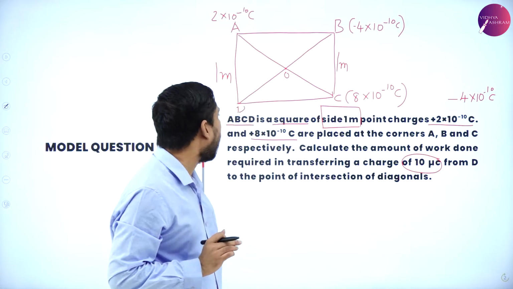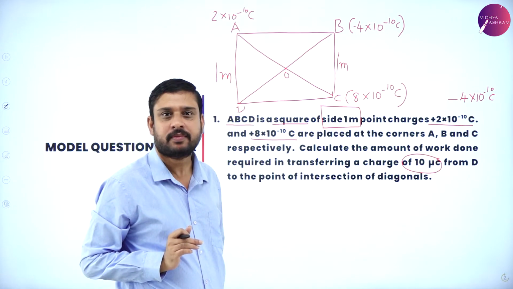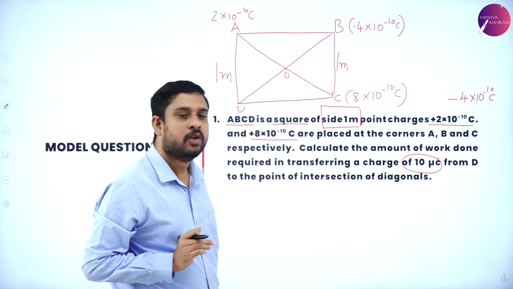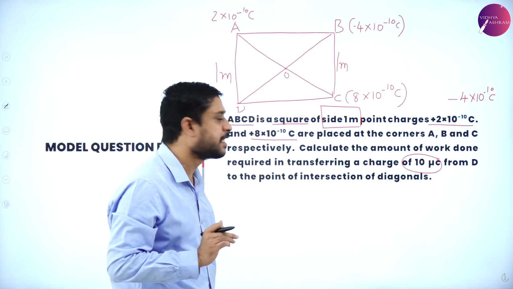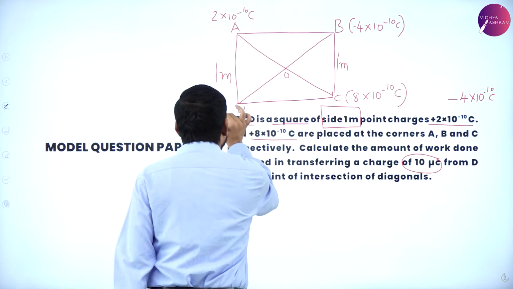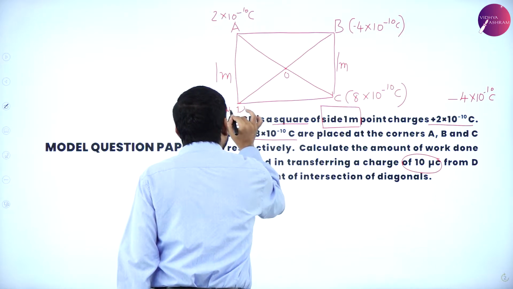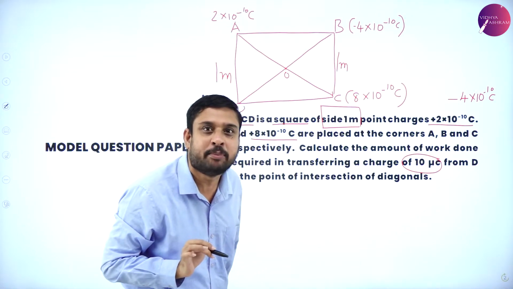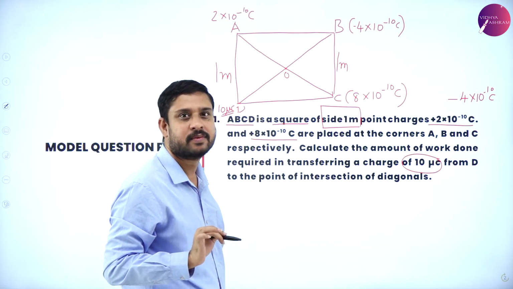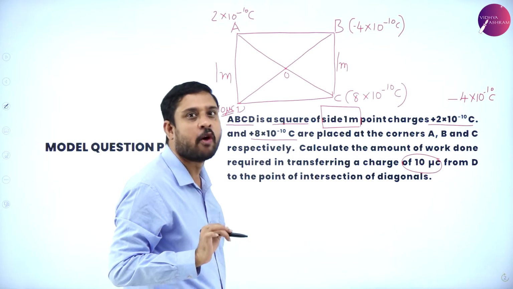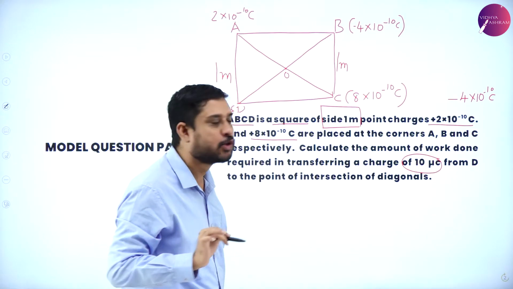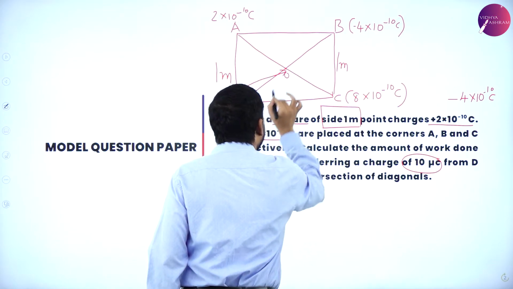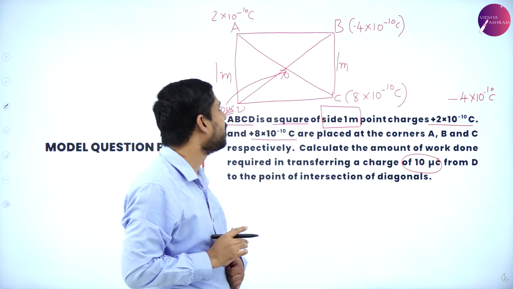I have to calculate the work done to transfer a charge. Suppose there is a charge of 10 microcoulomb at D. How much work has to be done to move it to this point O?